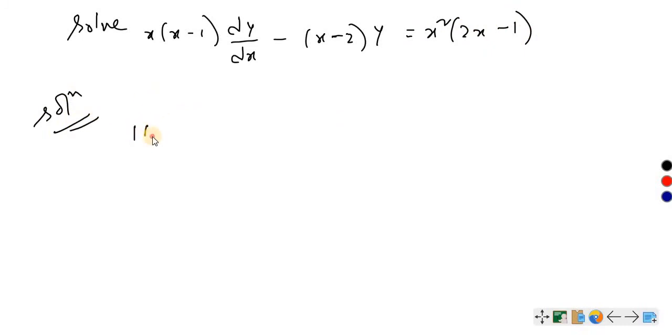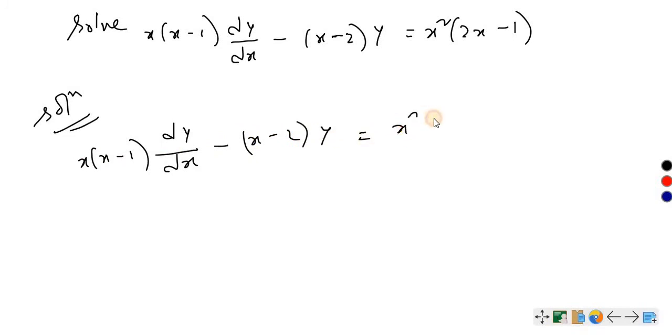We have to rearrange this first. So we have x(x − 1) dy/dx − (x − 2)y = x²(2x − 1).